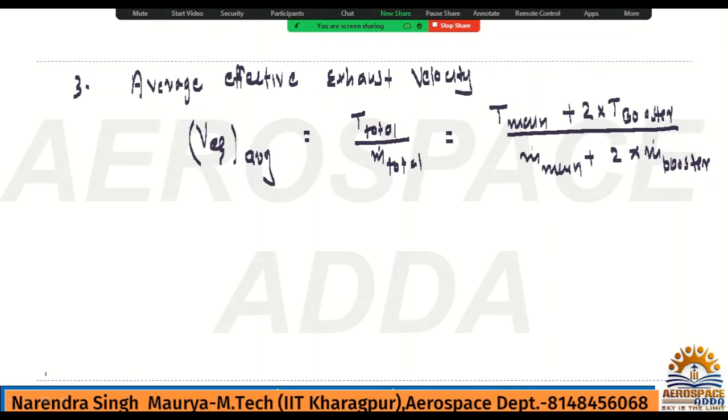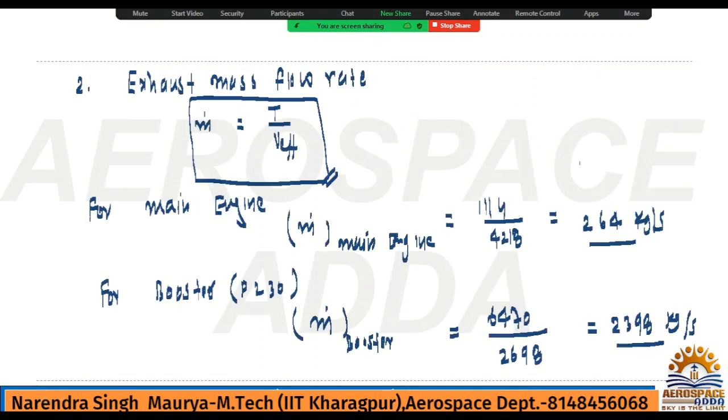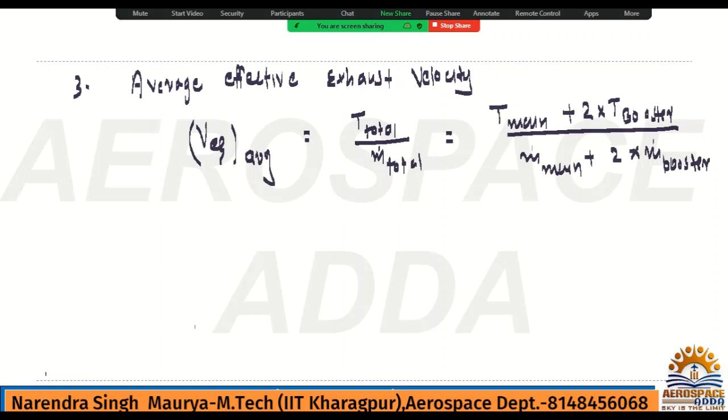So what calculation you have done here, for main engine and for booster? This is for each. That value you have calculated, right? Now if you go for the effective exhaust velocity average value, you need to write this.